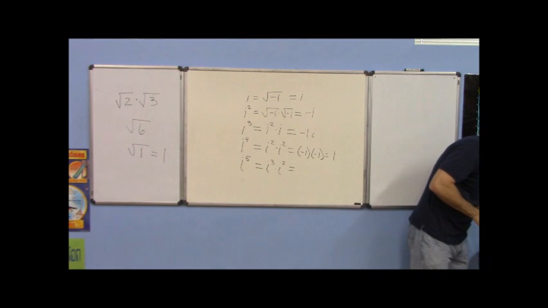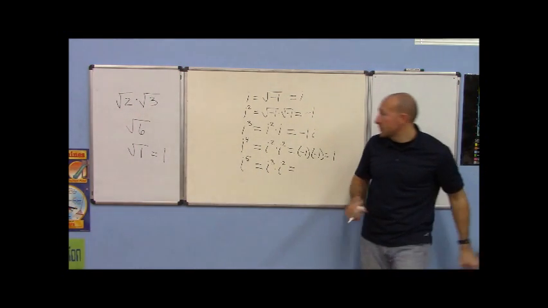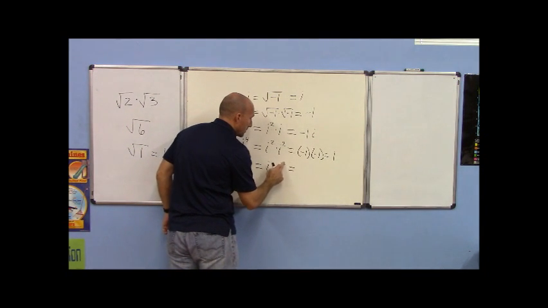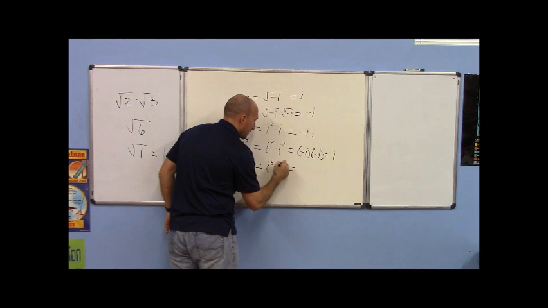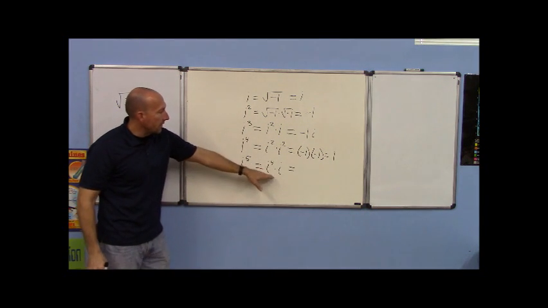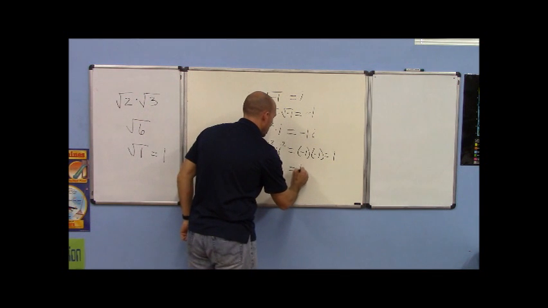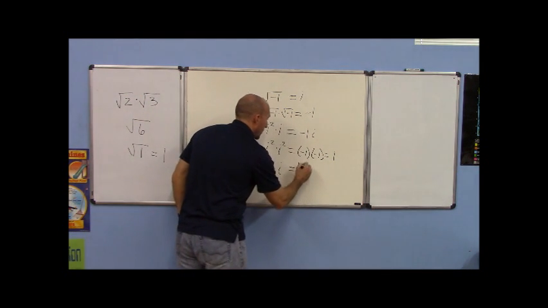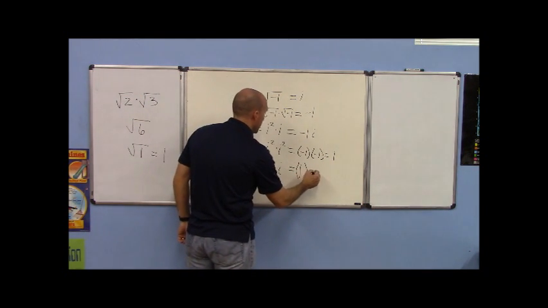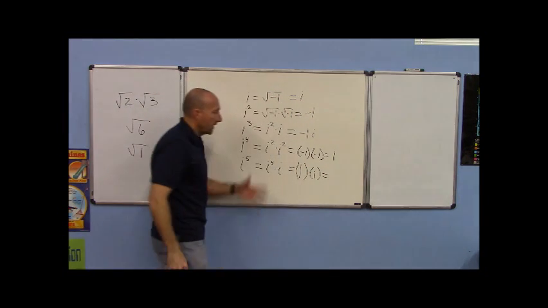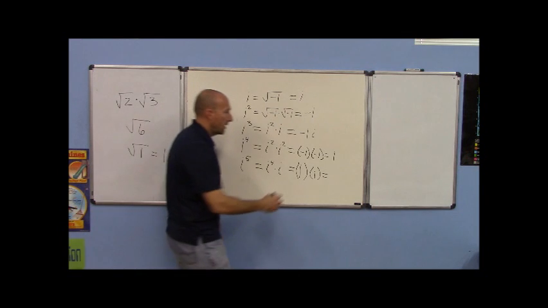The book shows it, we'll follow what they have first, where it's I to the fourth times I. Well, I to the fourth is 1. I is simply I. Okay, and 1 times I is I.